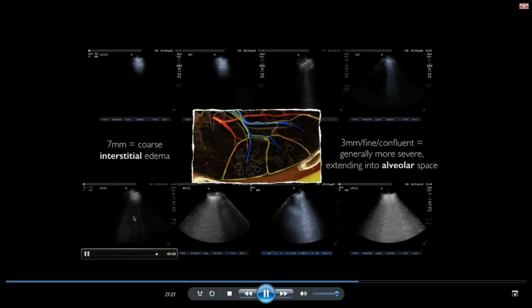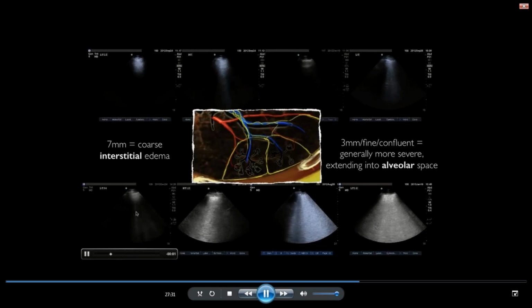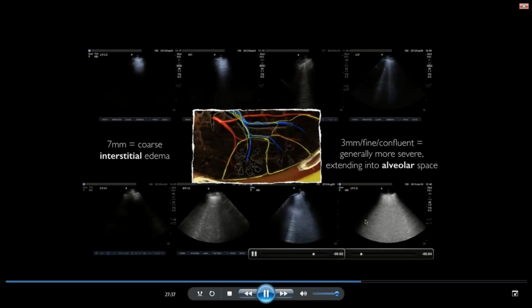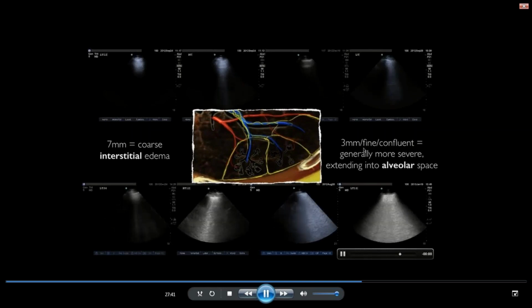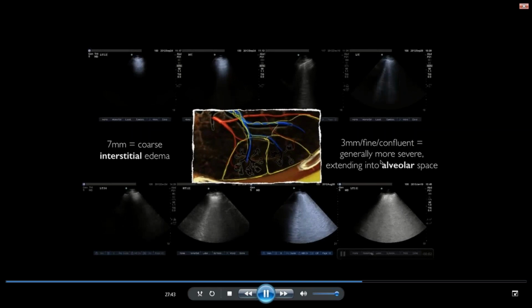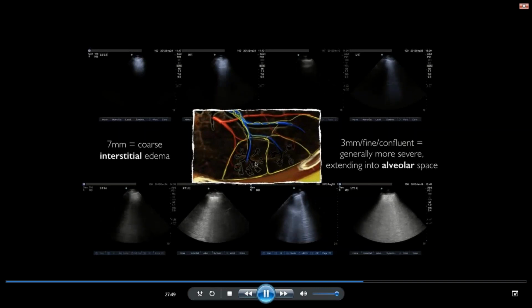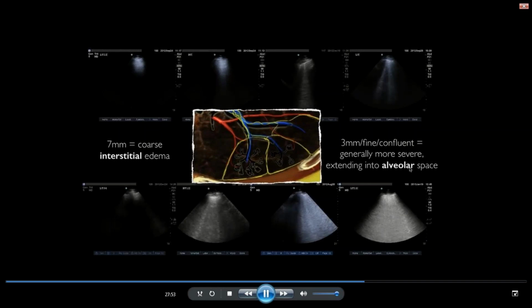You can see them as broad 7 millimeter lines, which would indicate a coarse interstitial edema, versus in this case, as we move to the right, you can appreciate these are very thin, 3 millimeter, fine, yet confluent lines, which may indicate the extension of this interstitial edema into the alveolar space and leading to more of an alveolar syndrome.